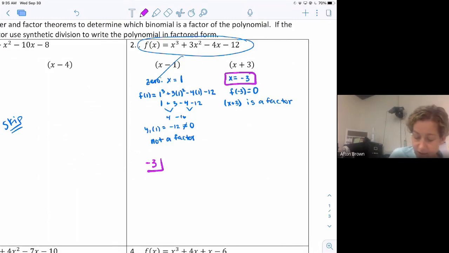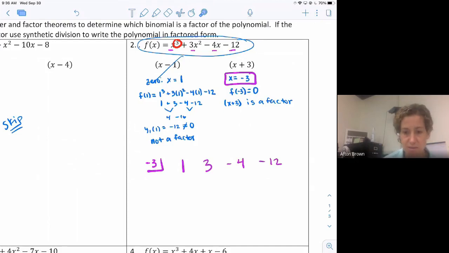I start listing the coefficients. I'm listing all of these coefficients. So I have a 1 from the x cubed, the 3 from the x squared, the -4, and the -12. I like to do the check: if this is a degree 3, I should have one more term listed. So 3 plus 1 is 4. Notice I have 1, 2, 3, 4. So I'm good. I don't have to include any zeros.